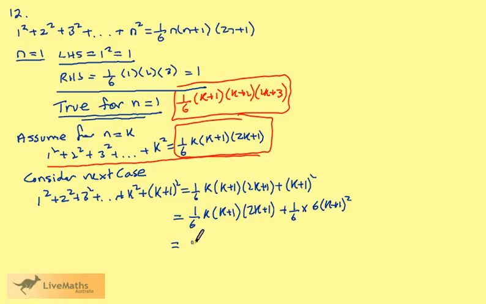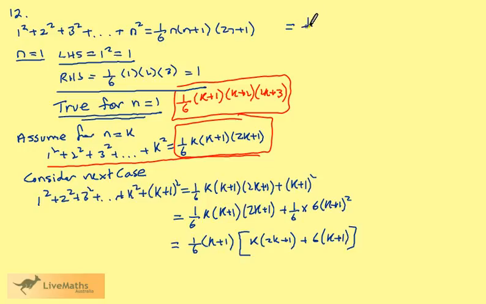Then I can take out a common factor of 1/6 k plus 1. What do we have left? We've got k, 2k plus 1, and we've got 6k plus 1.